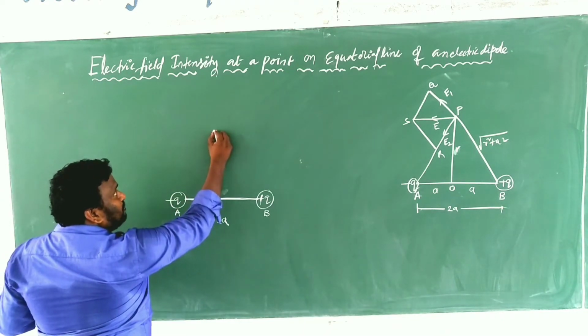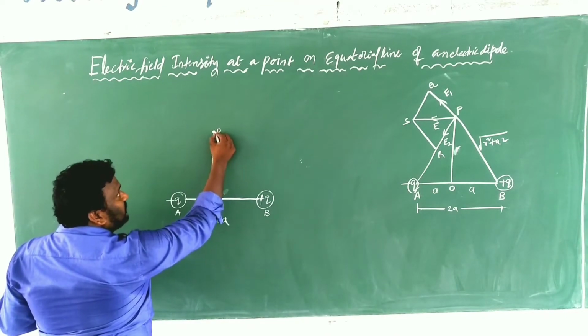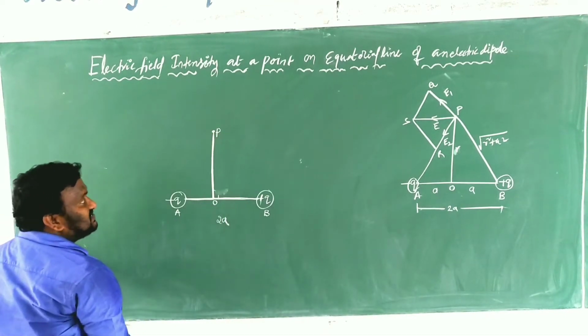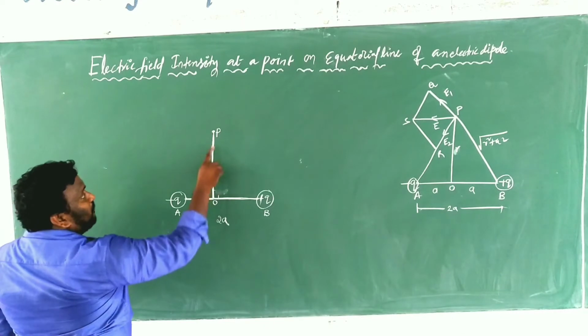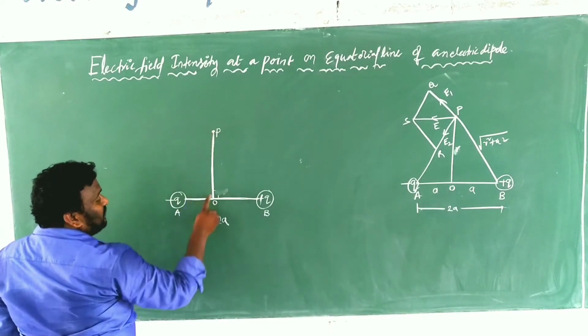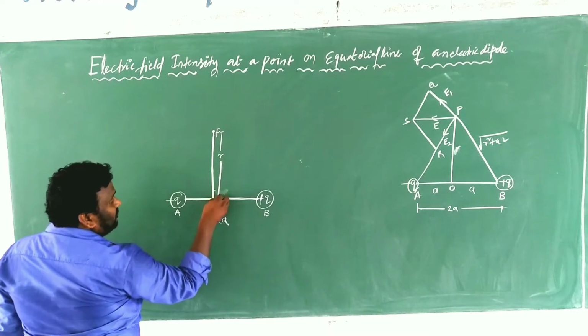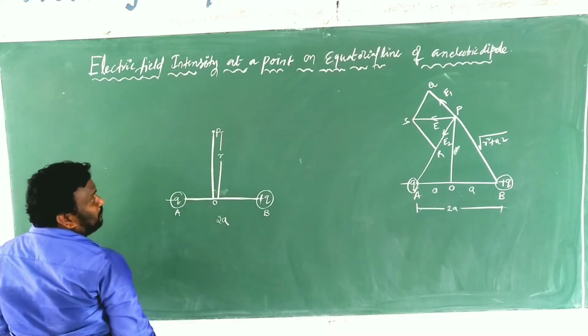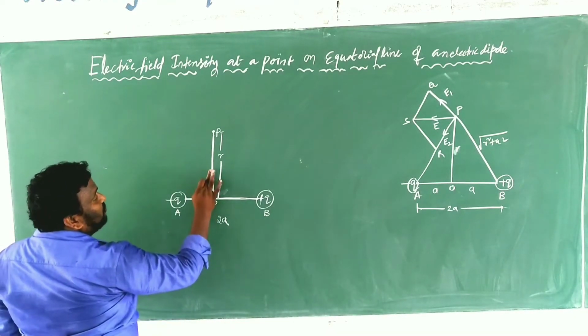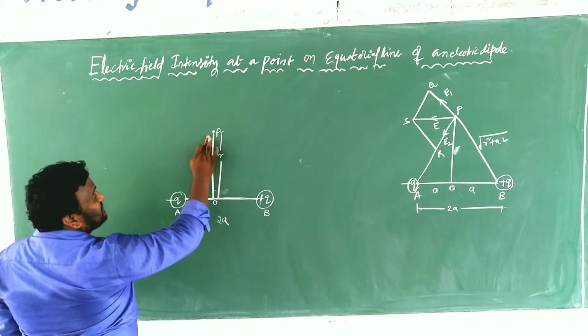At this point P, we have to find the electric field intensity. We selected one point P on the equatorial line at a distance of small r from the midpoint of the dipole.